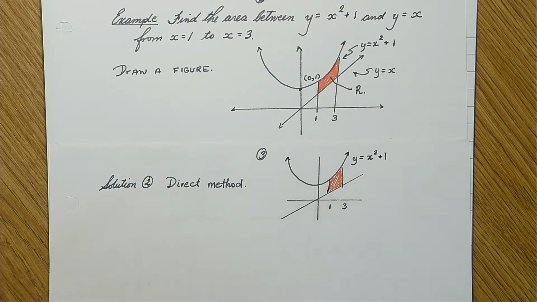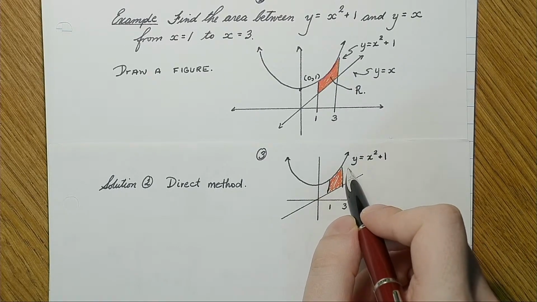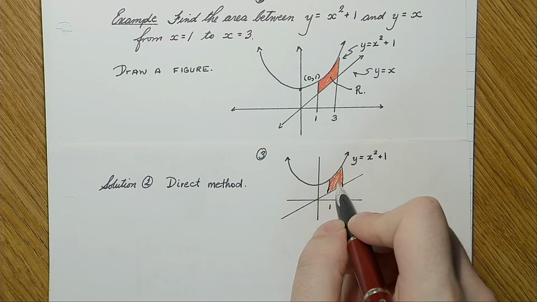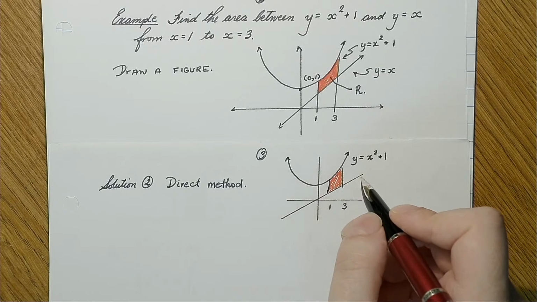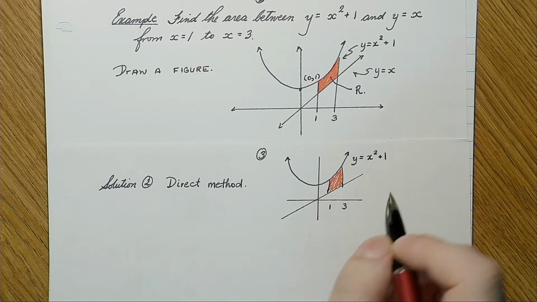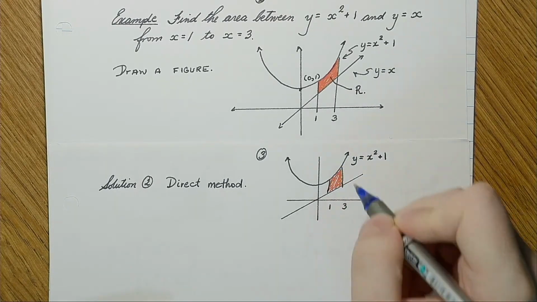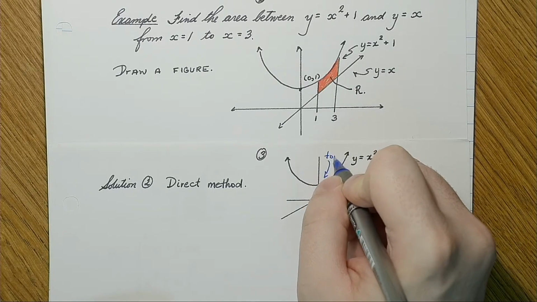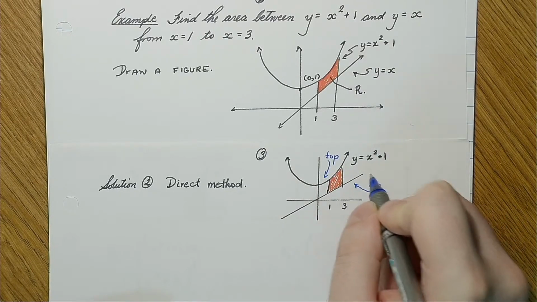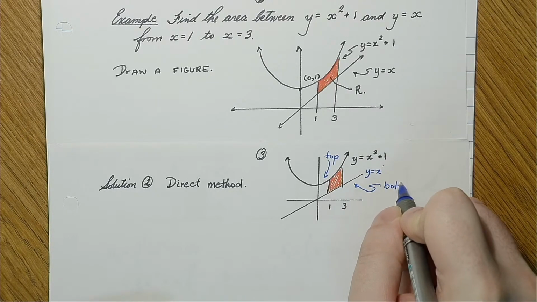So instead, what we can actually do is come up with a function that describes that. The way you can do that is at every point along this curve here, it's going to be the top function, and this one, y equals x, is the bottom function.